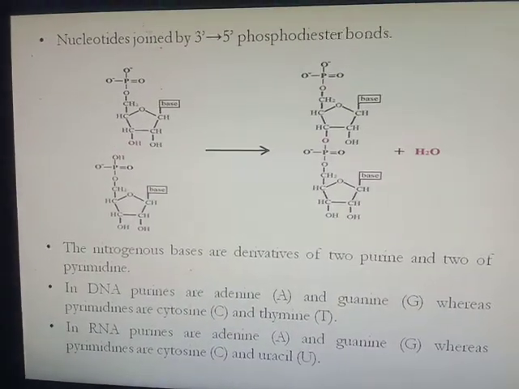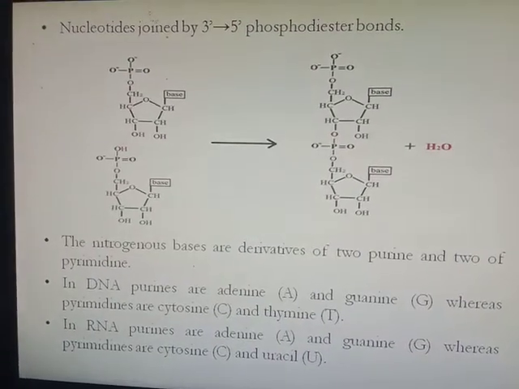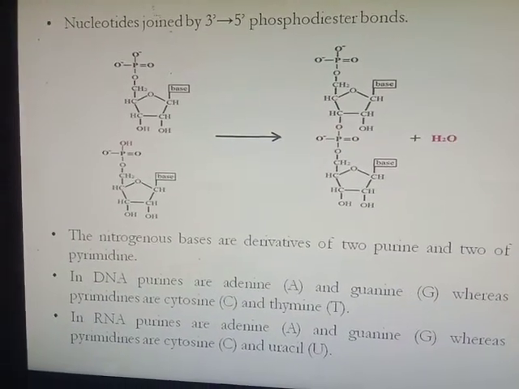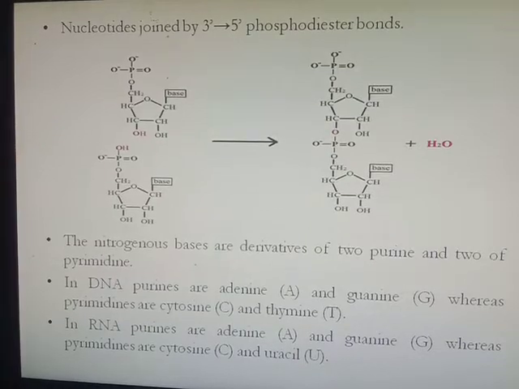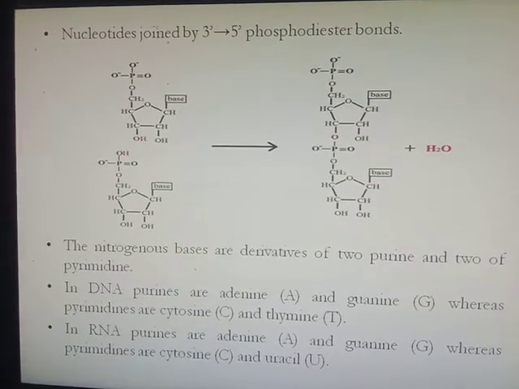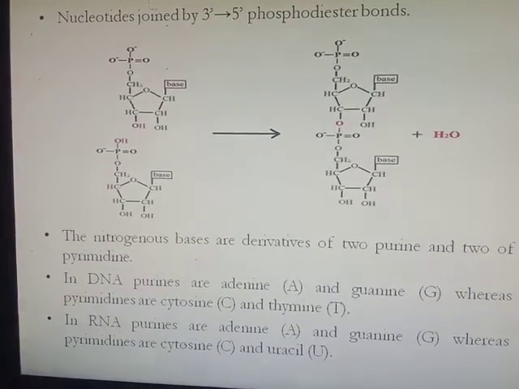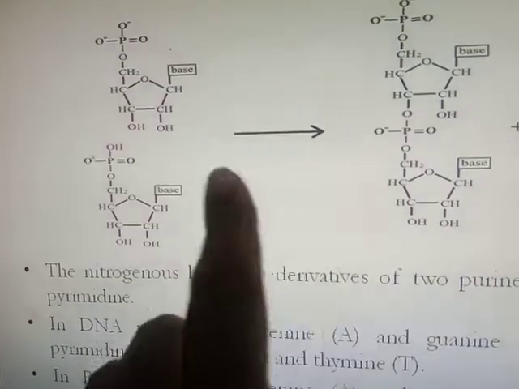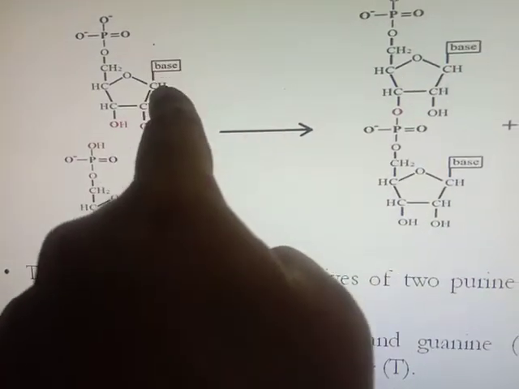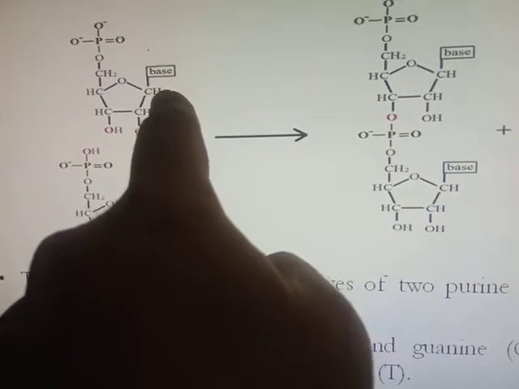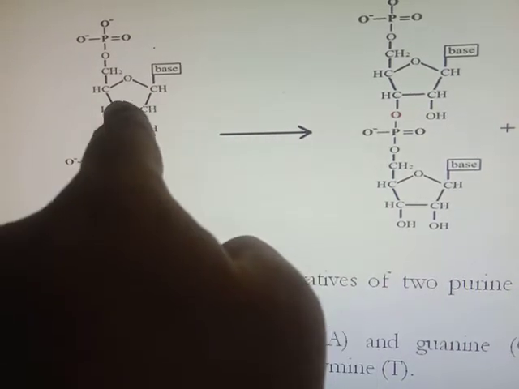The nucleotides present in DNA or RNA are linked together by 3' 5' phosphodiester bonds. If you see here, this is the base linked to the phosphate and ribose sugar. In ribose sugar, first carbon, second carbon, third carbon.